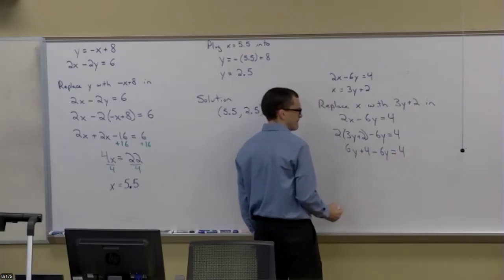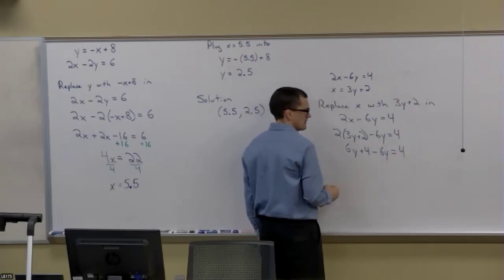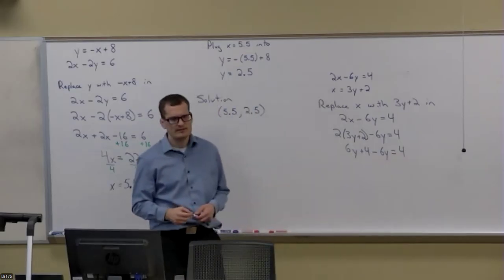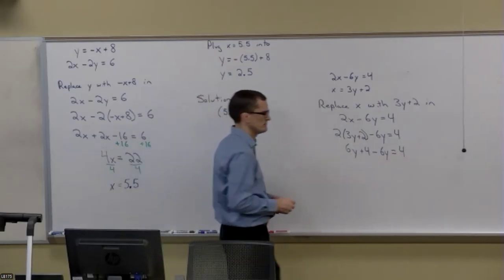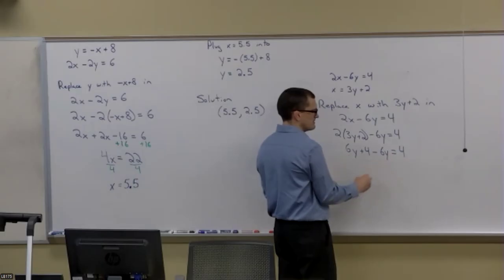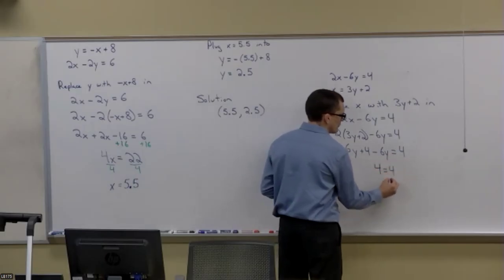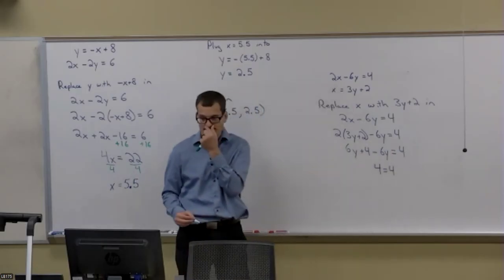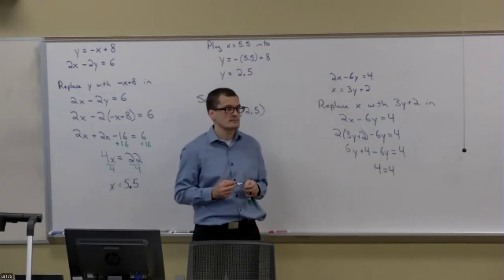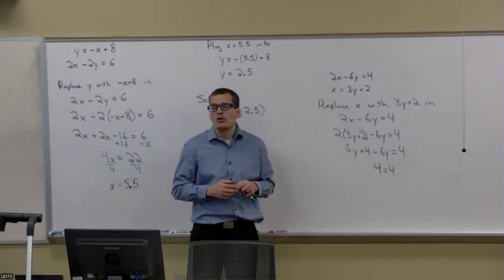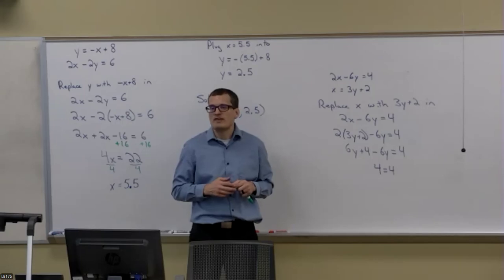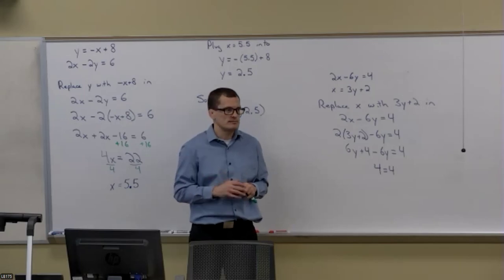Is that right? 6y minus 6y gives me 0, and I'm left with 4 equals 4. So my variable has dropped out.